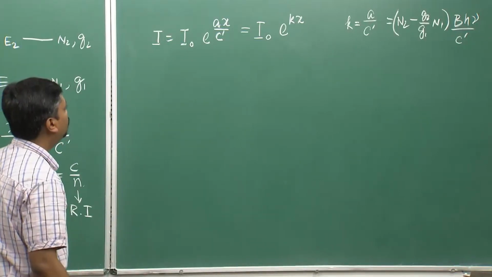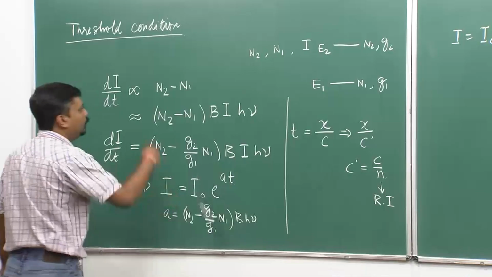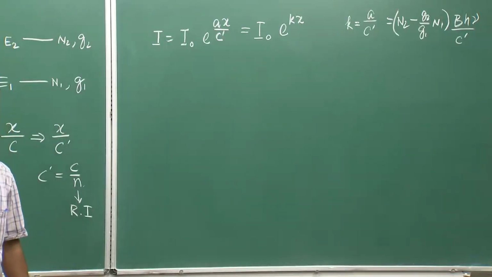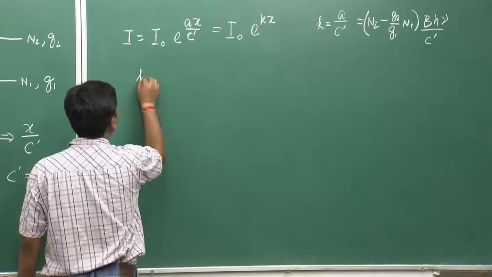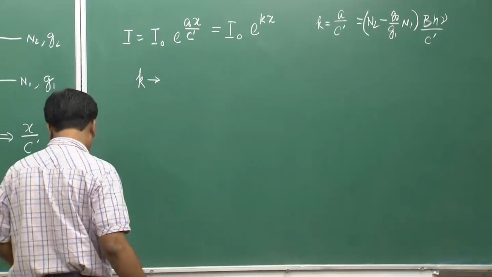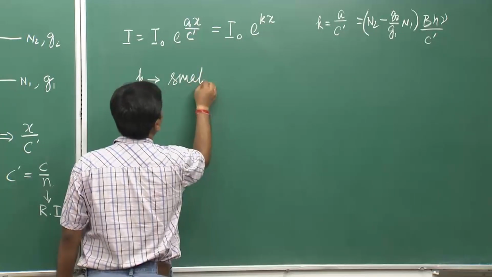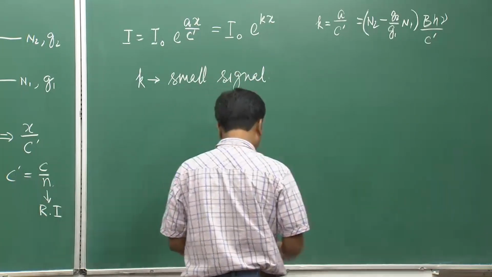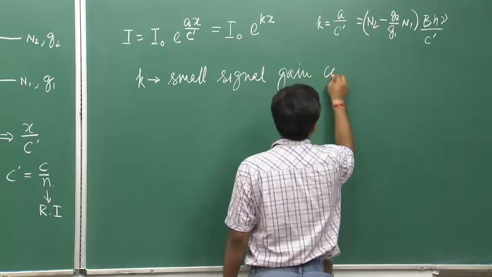This is my expression for I for a particular distance that my photon may be traveling. Now, this k is known as the small signal gain coefficient.